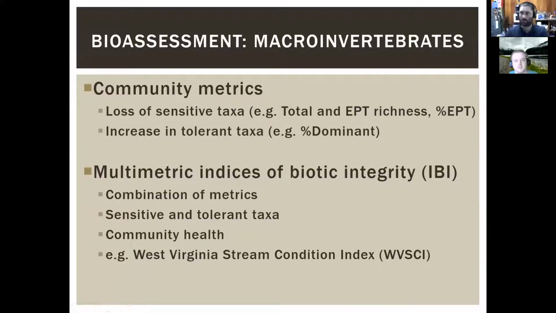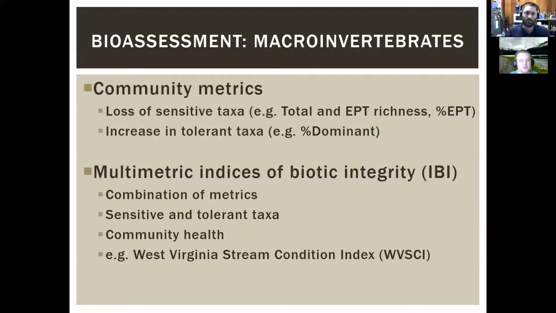Sorry, my monitor is blinking out. Bioassessments will include different types of metrics. Some community metrics might be the loss of sensitive taxa. A common metric for this is EPT richness or percent EPT. You remember in the aquatic organisms lab, we talked about Ephemeroptera, Plecoptera, and Trichoptera.